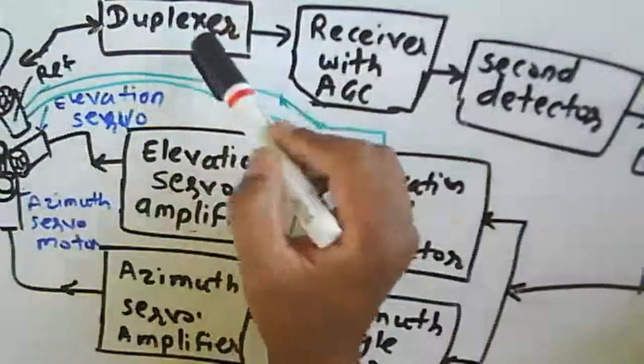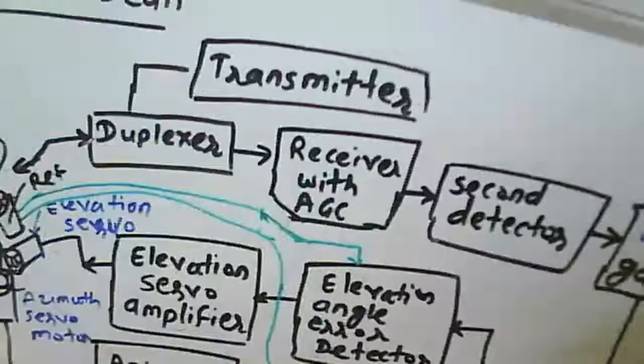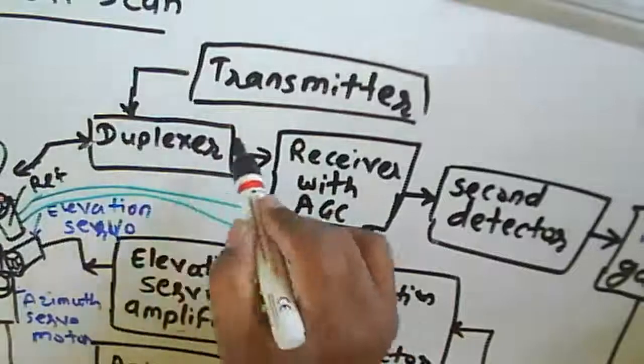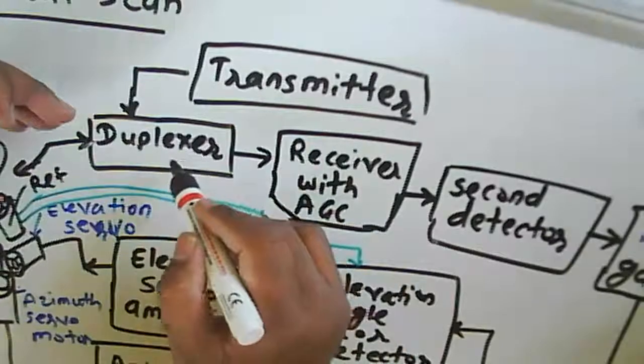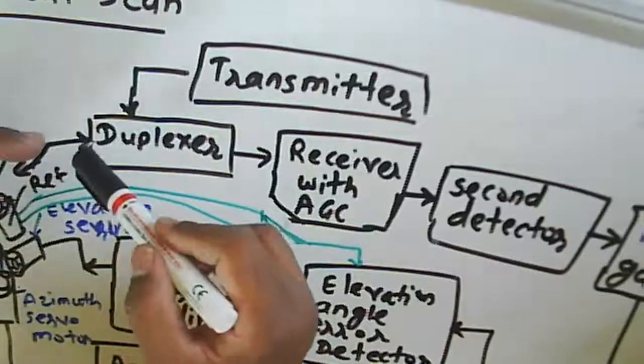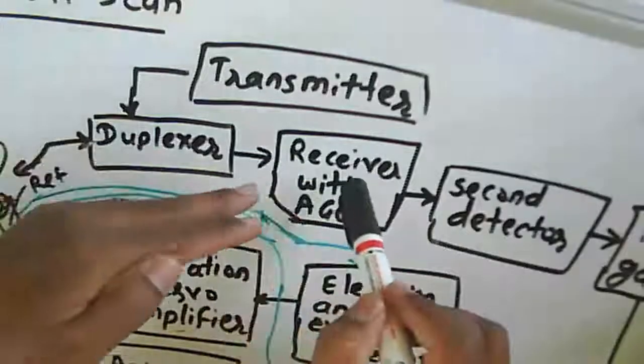Now in the transmitter, we can consider a duplexer here. We know the duplexer acts as a switch: at the time of transmission, it allows the signal to go toward the antenna, and at the time of reception, it provides the signal to the receiver.